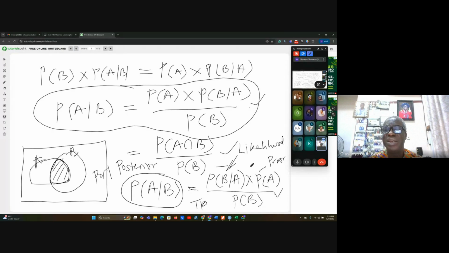So the concept of prior is the information that you have or the belief that you hold, outside the data. The likelihood is the information provided by the data.